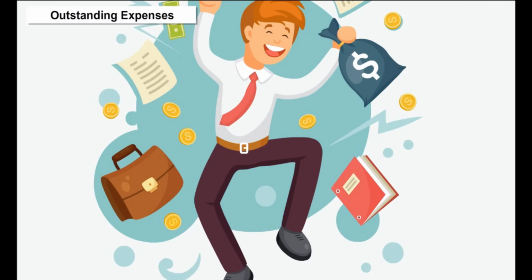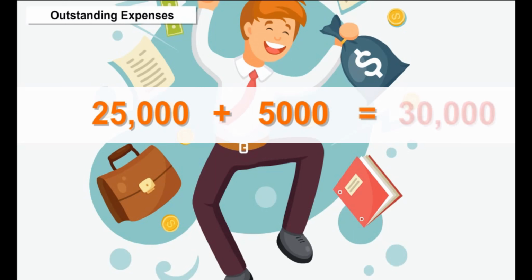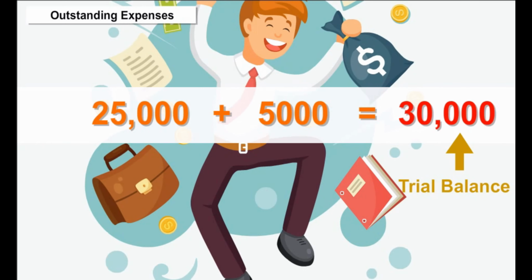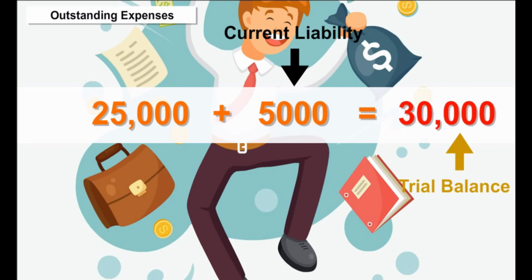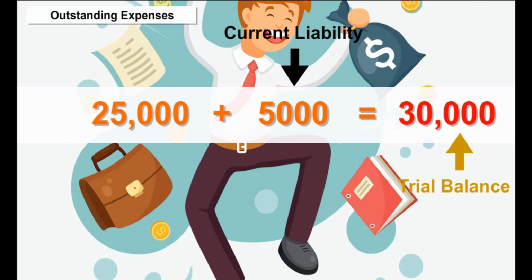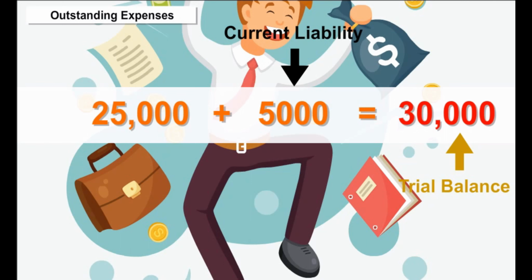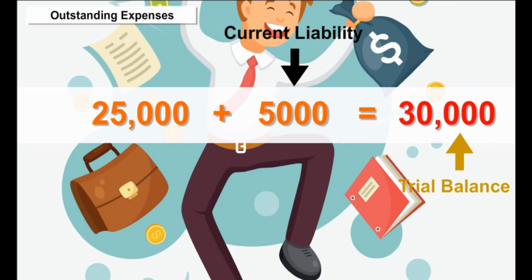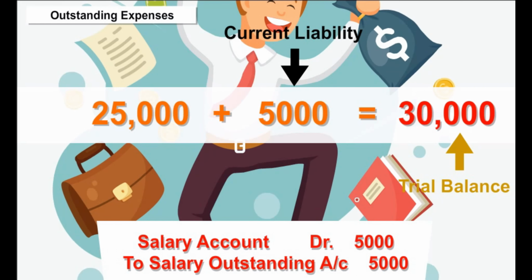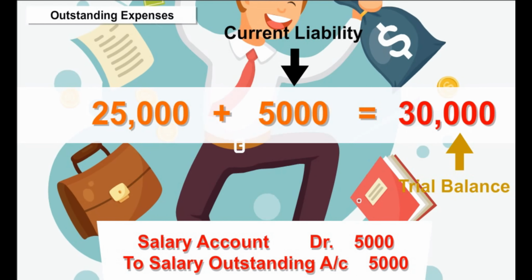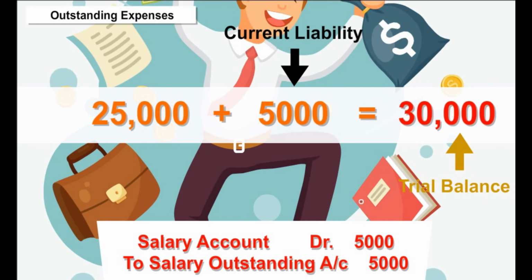So the salary that is to be shown should be 30,000 in trial balance and 5,000 as current liability. It will be termed as salary outstanding and will be adjusted to salary account by making the following entry. Salary account debited 5,000 to salary outstanding account 5,000.